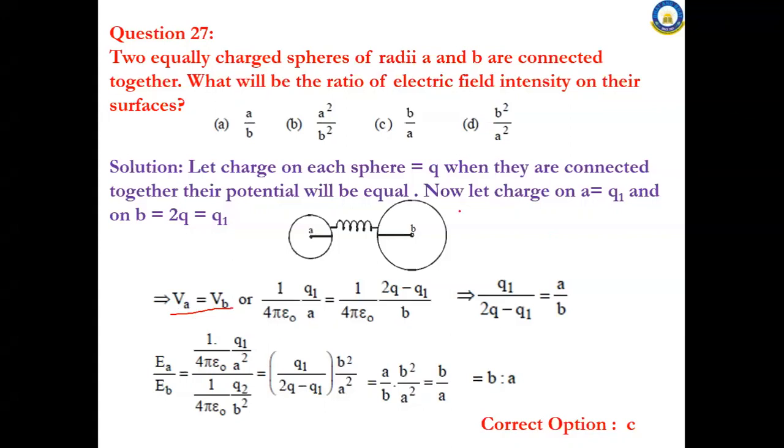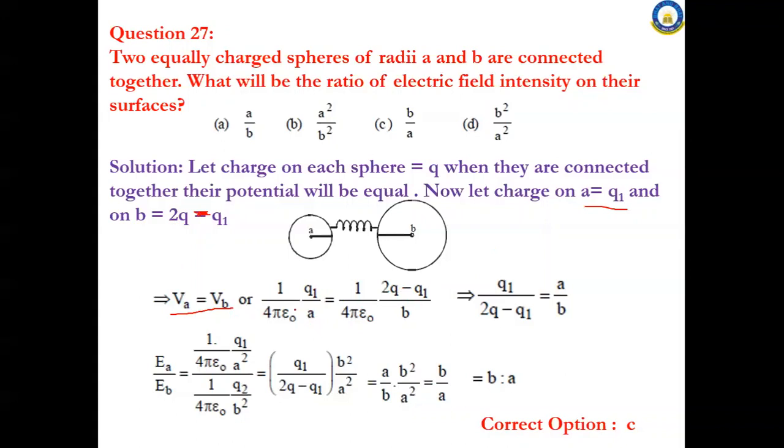Now you take one charge as Q1. The other one will be 2Q minus Q1. Charge on A is Q1, charge on B will be 2Q minus Q1. Or here you can directly take Q1, Q2. Need not consider this. Take this as Q1, here it is Q2 only.